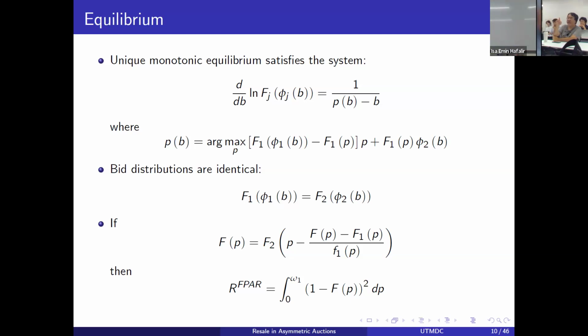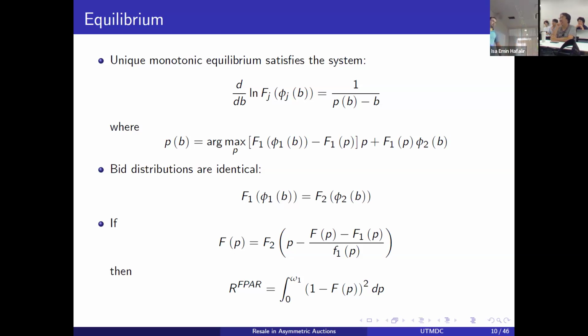Why is there asymmetry between bidder 1 and bidder 2? Because we assume bidder 1 is the strong bidder, bidder 2 is the weak bidder. So when bidder 1 wins the auction, he knows that bidder 2 will have values smaller than his, so he will not even bother making a monopoly offer. Only bidder 2 will make a monopoly offer.